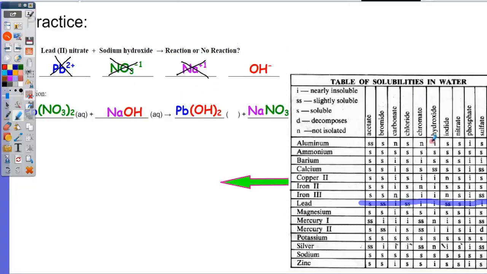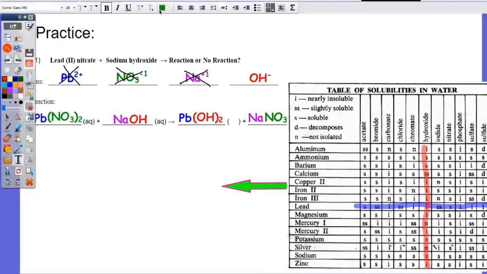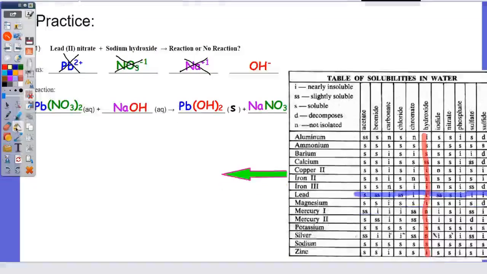Here's my hydroxide. And I get an I for insoluble. So my lead hydroxide is insoluble. So far we do have a reaction since at least one of my products is a solid, but let us continue.